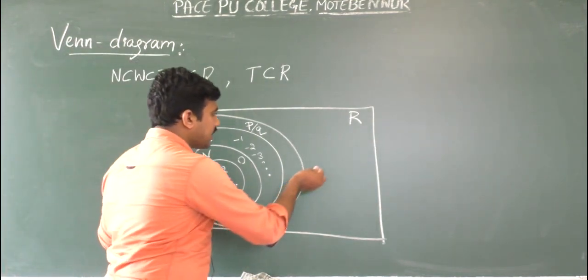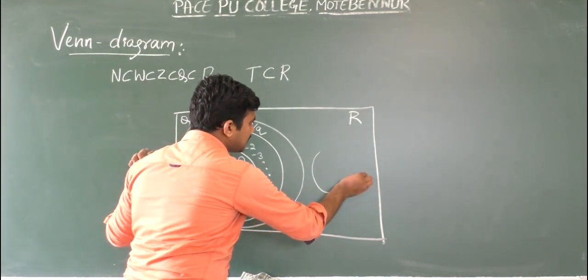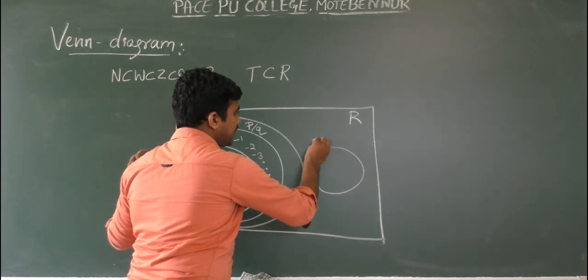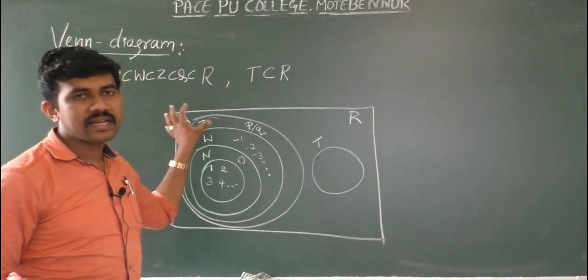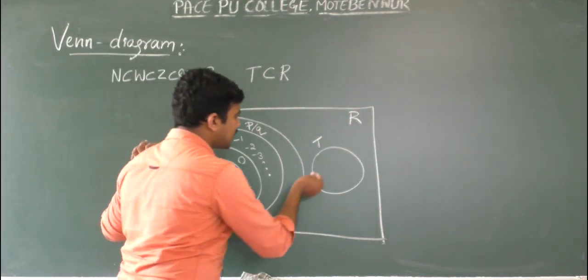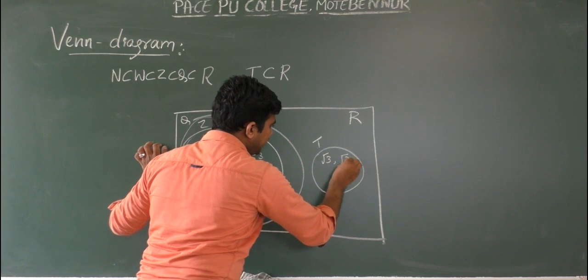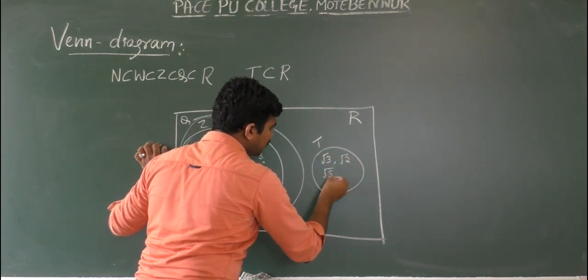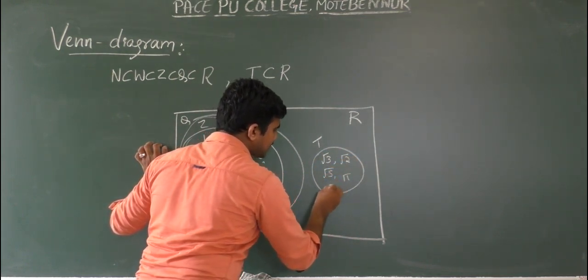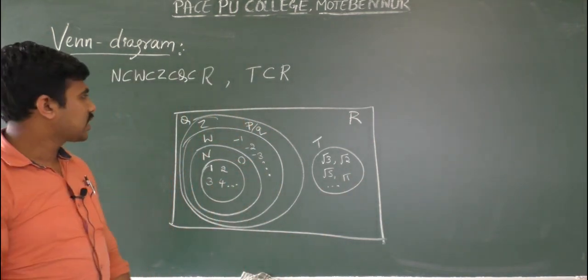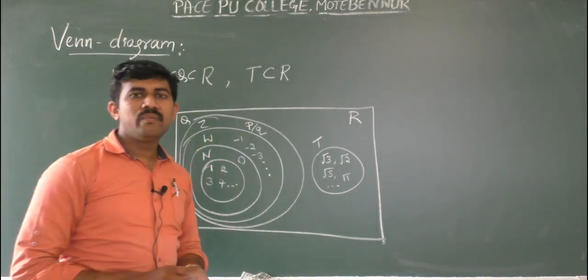And the irrational number is represented by T, which includes, other than rational numbers, numbers of the form root 2, root 3, root 5 or pi, etc. So this is about our Venn diagram.